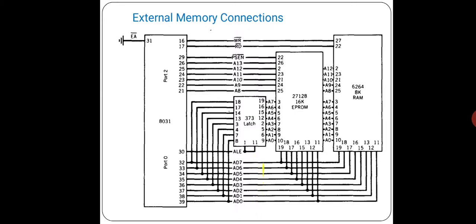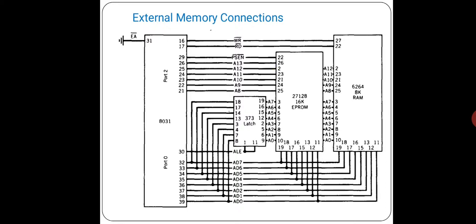So the 8-bit address is over. Now come here, A8, A9, A10, A11, 12, 13. How many? A8 to A13, that is 6 lines. So total 8 plus 6, 14 pins.